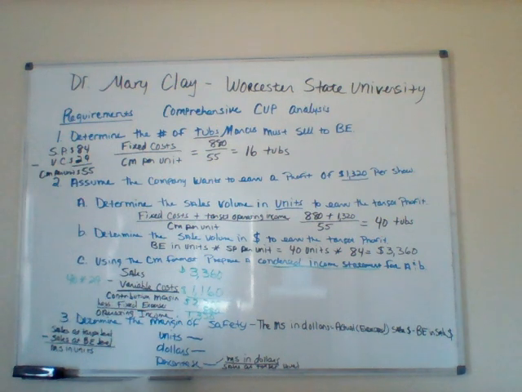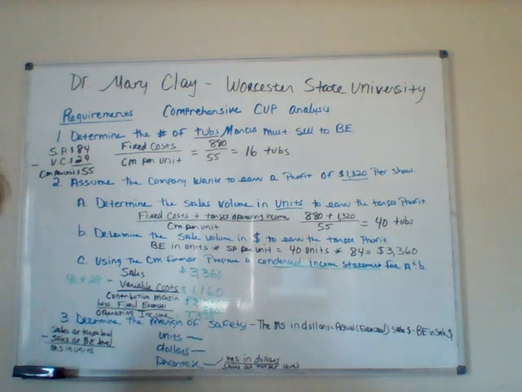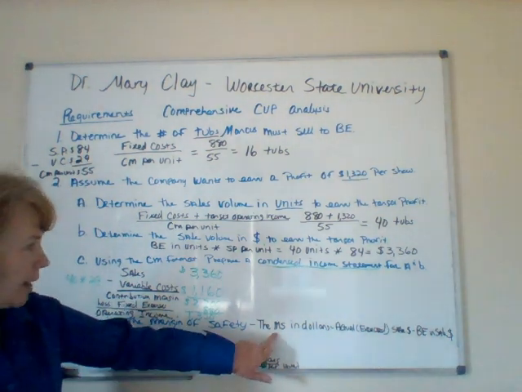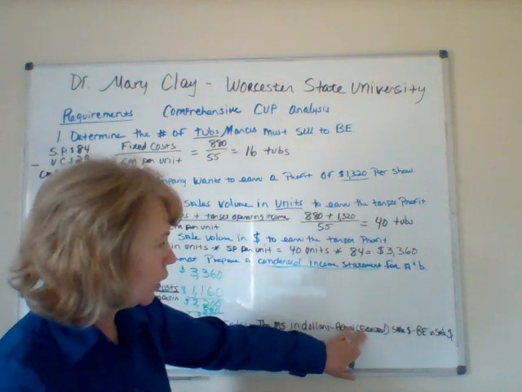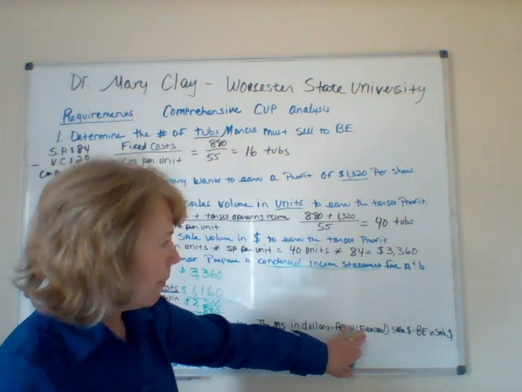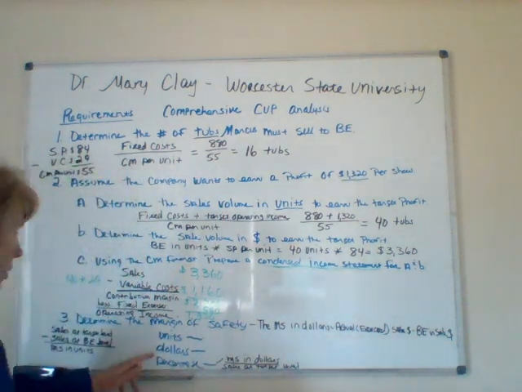Okay, so next part of the problem. Determine the margin of safety. The margin of safety in dollars is going to be here. You're going to take your actual or expected, in this case we're going to use the expected, minus the break-even in sales dollars, and that will give us the dollars.